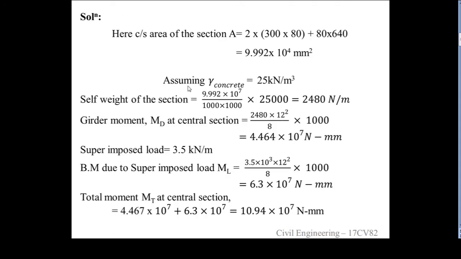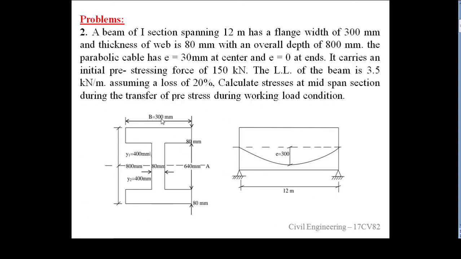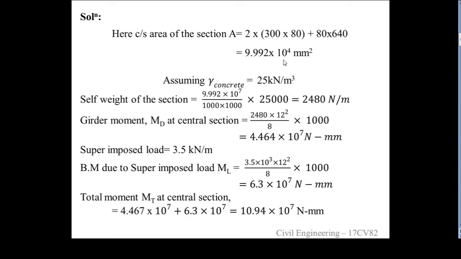Solution. Here the cross-section area A is equal to 2 times 300 into 80, here 300 into 80, that is 2 times, then 80 into 640, that gives area of cross section 9.992 into 10 raised to 4 mm square.